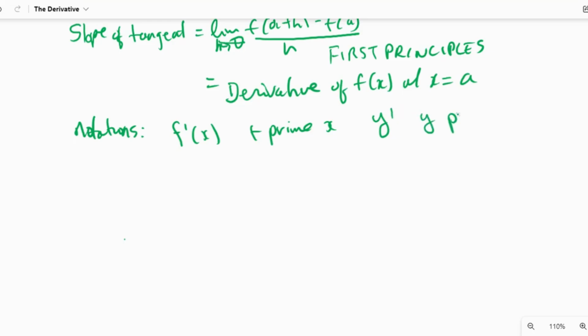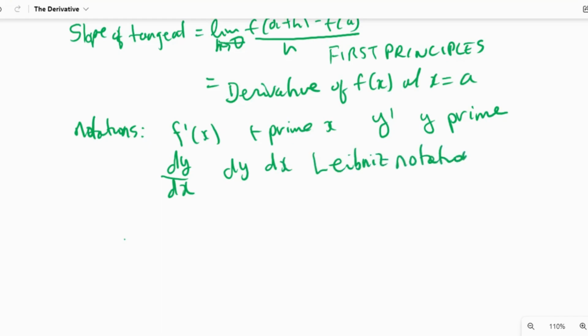Or, if we are given y, we can say dy dx. And this is called Leibniz notation. So Leibniz notation is dy dx.